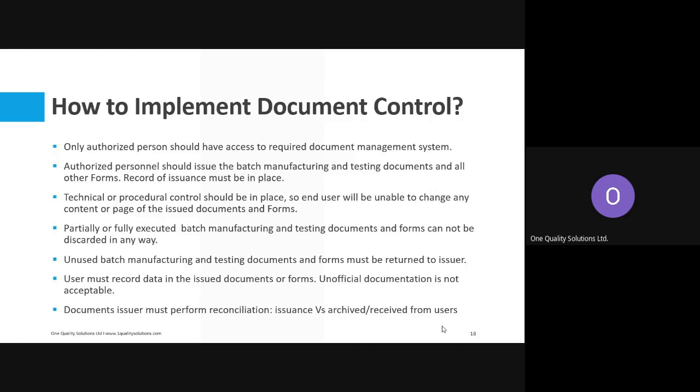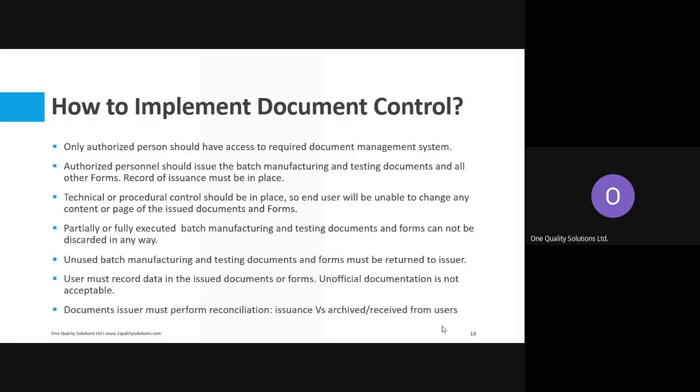So first of all, only authorized persons should have access to the required document management system. For example, in the document issuance or the document archive management systems, only authorized persons should have access. Without authorization, no one should access these documents.